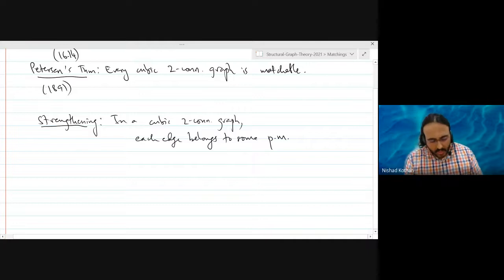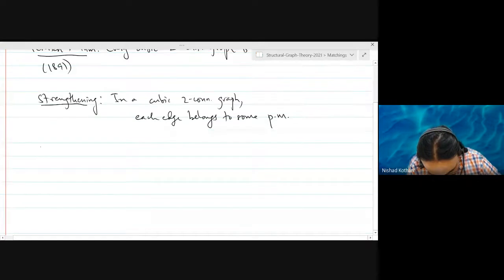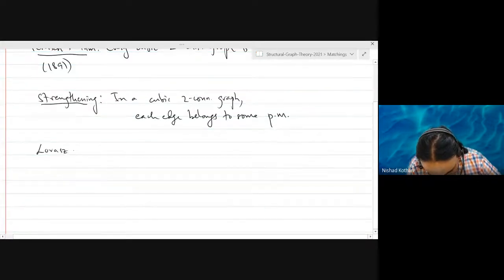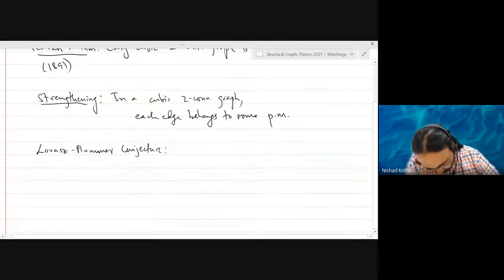Turns out people had some stronger conjectures. In particular, Lovász and Plummer had a conjecture that in a cubic two connected graph, there are exponentially many perfect matchings. This is the Lovász-Plummer conjecture, which has actually been proven.